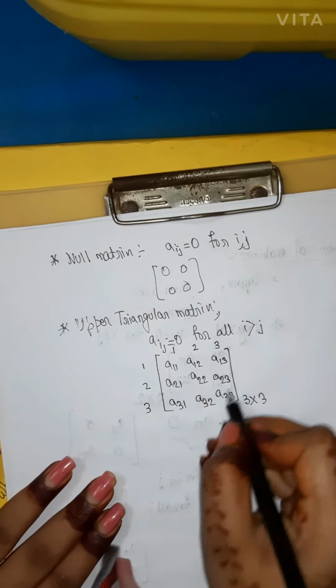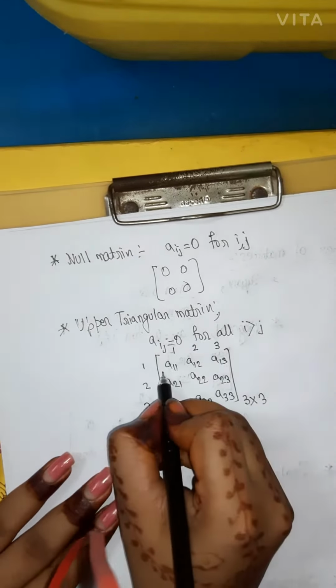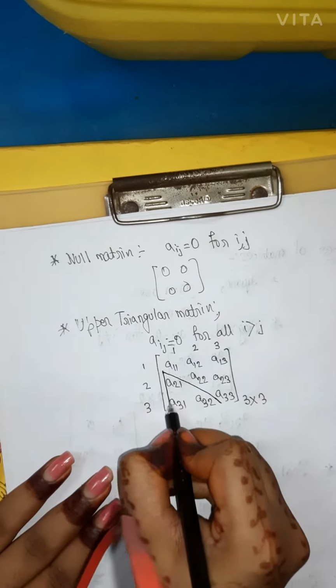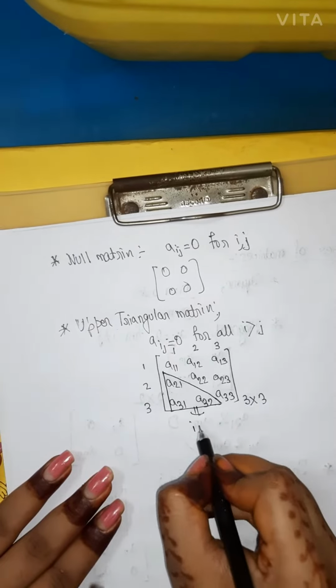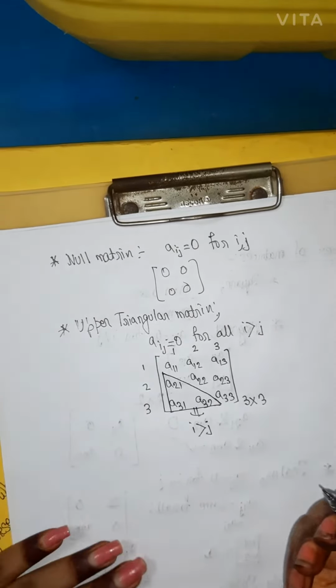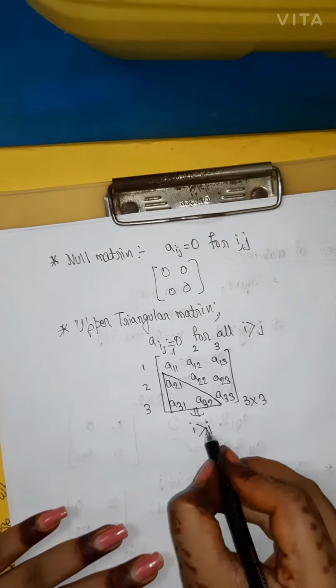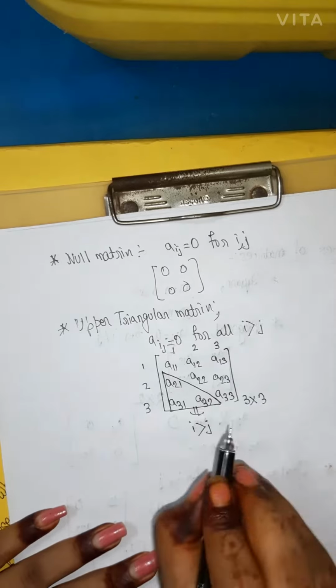For these 3 elements, we have i greater than j. So for all these elements, these 3 elements will reduce to 0 and all the other elements will exist.